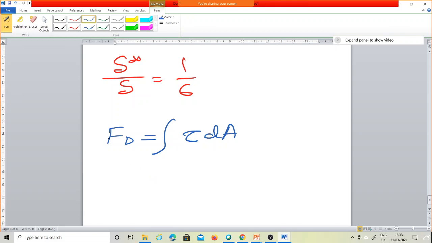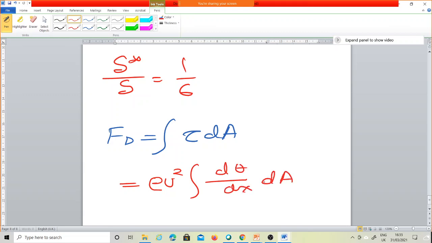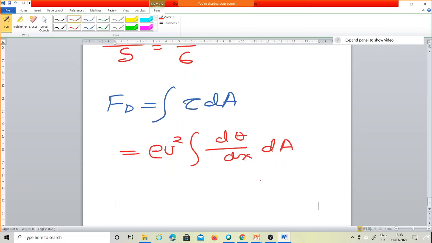If you want to use the momentum integral form, we can write rho u square integration of d theta/dx and then dA. So you need to find out d theta/dx, right?